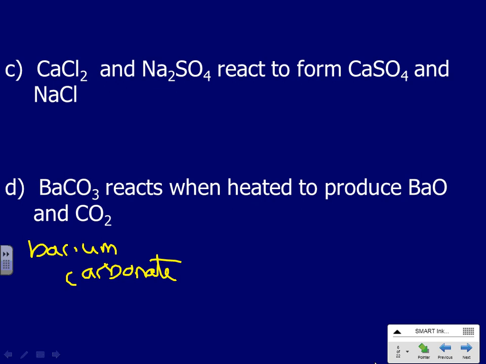This chemical is being heated, it has all kinds of energy being put into it, and it then just produces a substance. This is a type of reaction as well that we'll be seeing in the future. Again, to produce, I'm just going to finish it off, barium oxide, and what's that last one called? Yep, carbon dioxide. It's molecular, so a slightly different name.